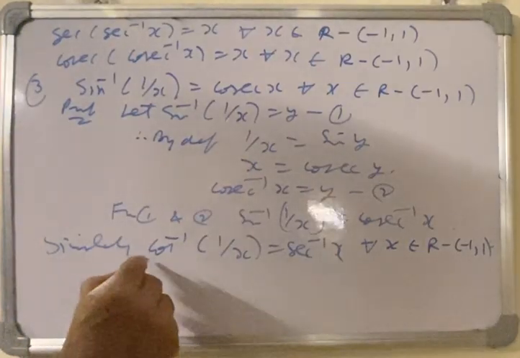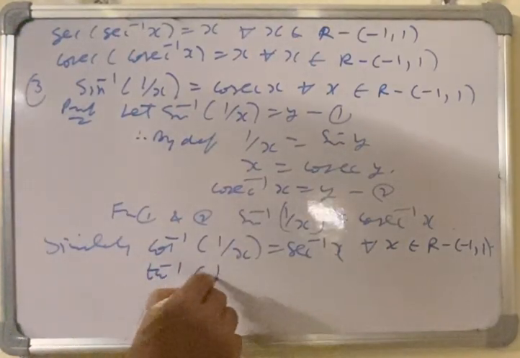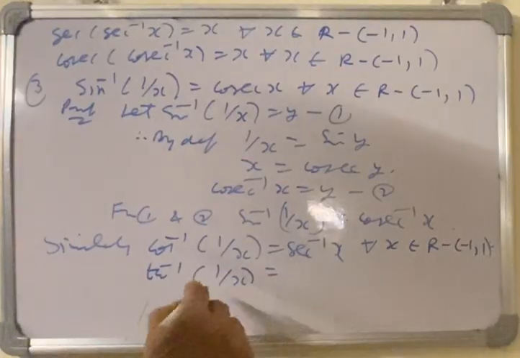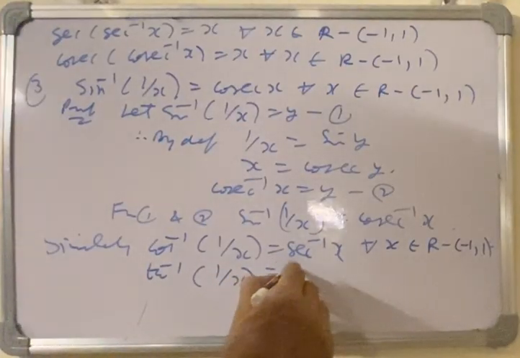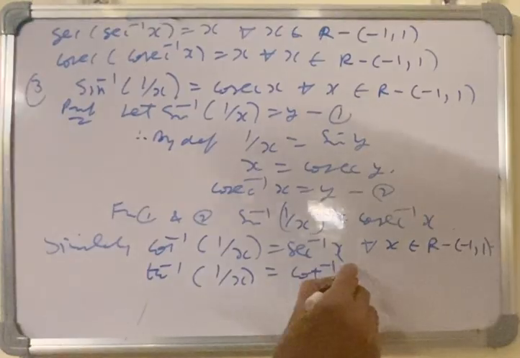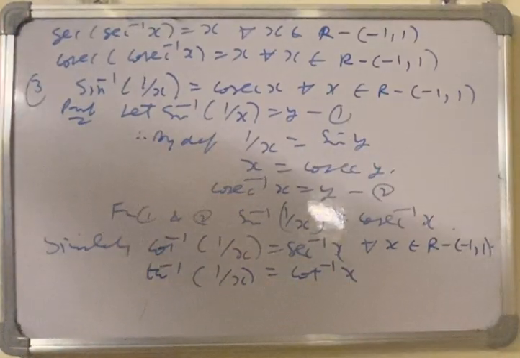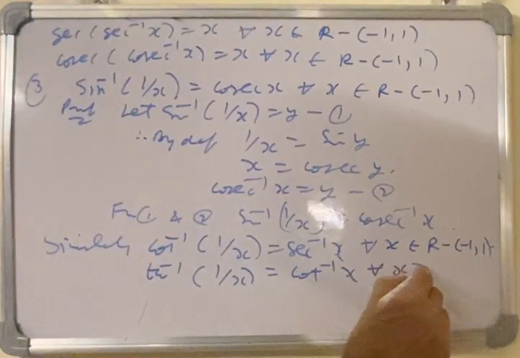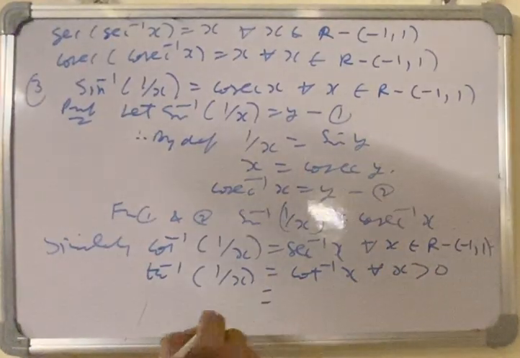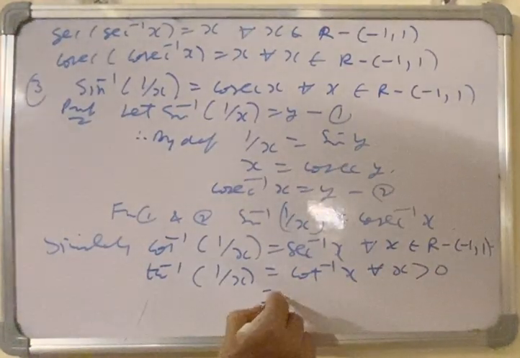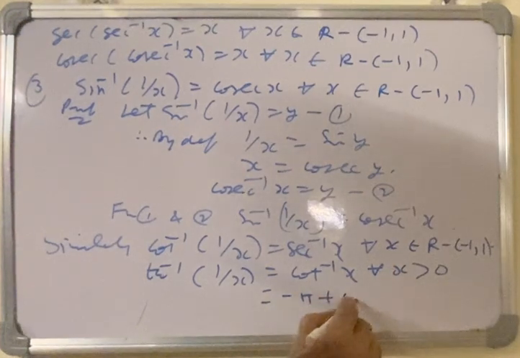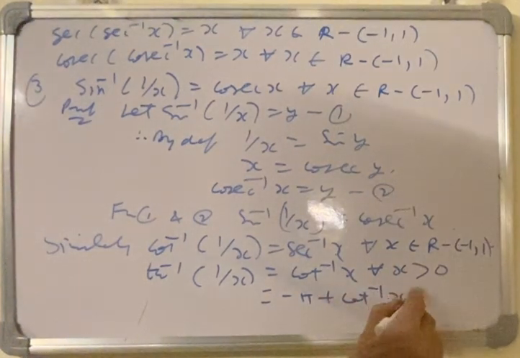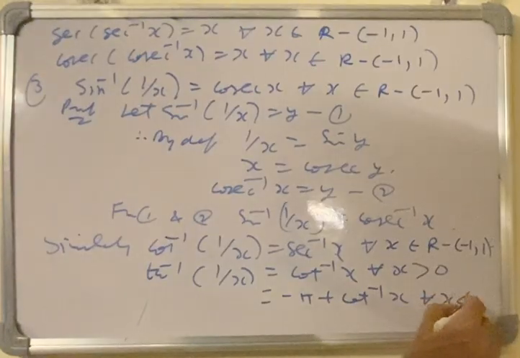Then tan inverse 1 over x is equal to cot inverse x for all x greater than 0, and is equal to minus pi plus cot inverse x for all x less than 0.